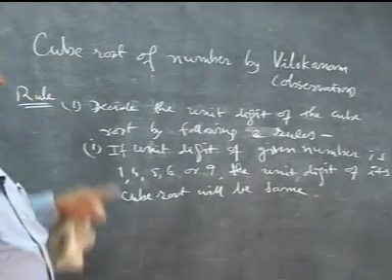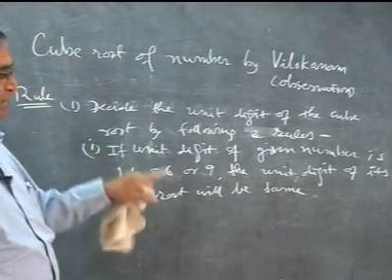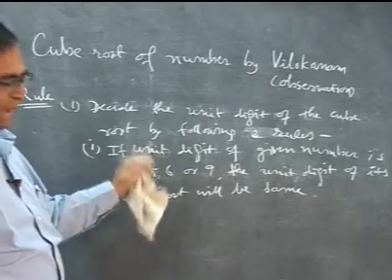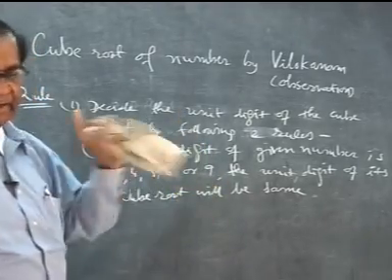Means if the unit digit is 1, the cube root ends in 1; 4, 4; 5, 5; 6, 6; 9, 9.